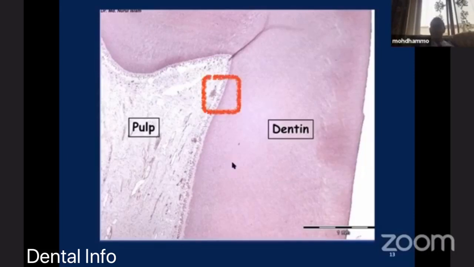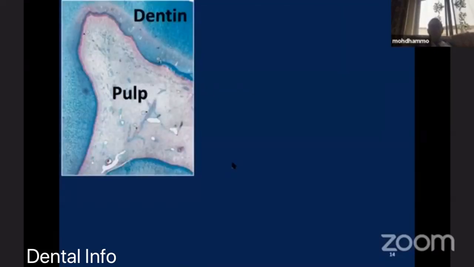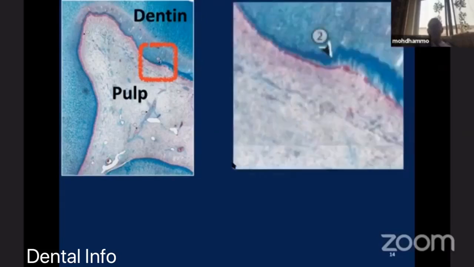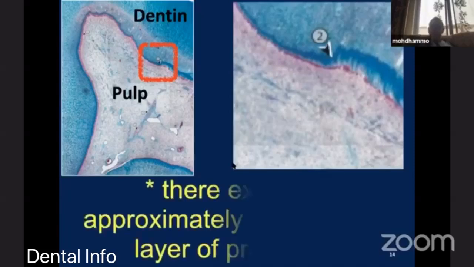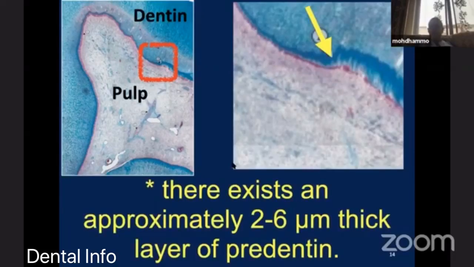If we look closer at the pulp and dentin at the junction point, we can notice that between the pulp and the dentin, we are dealing with a layer, and this layer is between 2 to 6 micron thickness. It is called predentin. And please remember this name, predentin, because it is very important in our topic today.